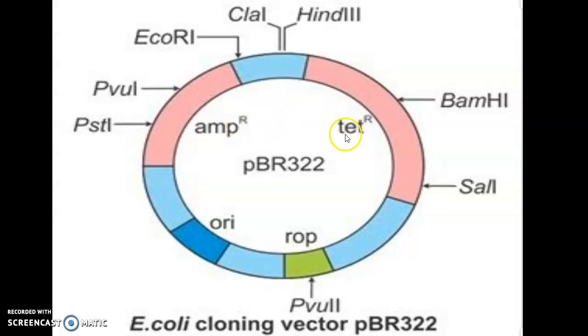These antibiotic resistance genes, present in the artificially synthesized plasmid, are called marker genes, because when we introduce the foreign gene in the ampicillin site, we inactivate the ampicillin resistance property. So we place here the foreign gene and inactivate the ampicillin resistance quality of the plasmid.